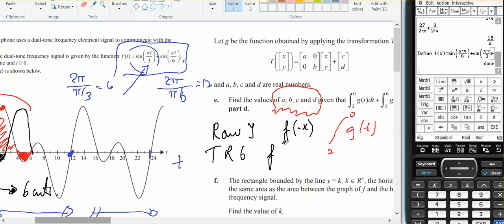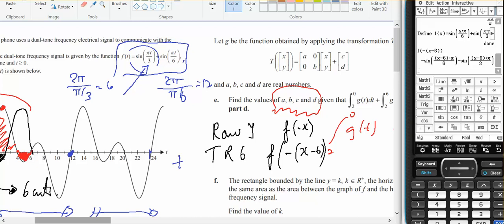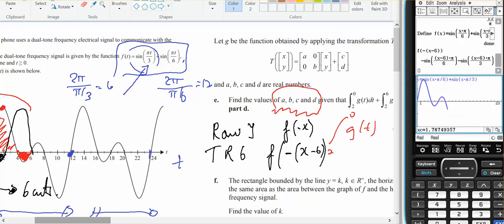So f of minus bracket x minus 6, close bracket, close bracket. And if I graph that on here, I wish to see exactly that.